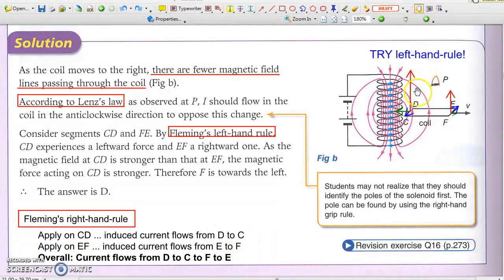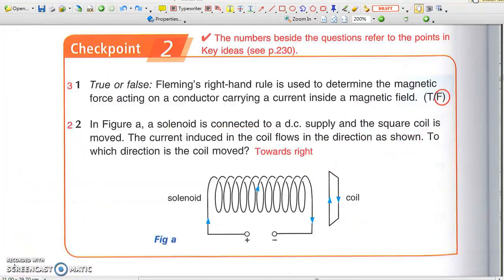And since the magnetic field at CD is larger, the induced EMF there is also larger, and so finally the current flows from D to C to F to E, the same result as deduced by Lenz's law. But of course you will find Lenz's law simpler to apply. Now do check point 2 below.